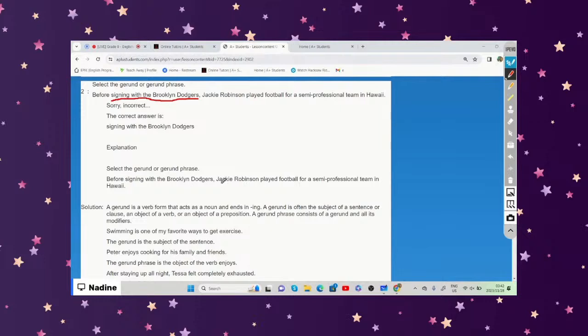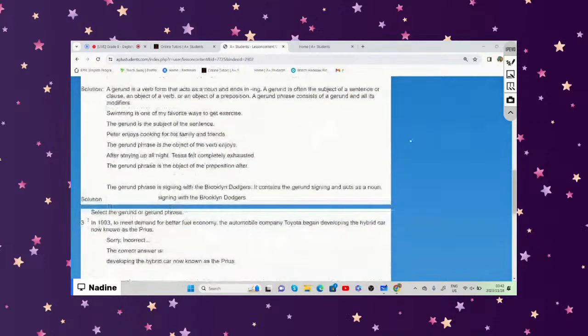And that is our gerund phrase. And here it even says it's a gerund phrase, which is signing with the Brooklyn Dodgers, and it contains the gerund signing, and it acts as a noun.